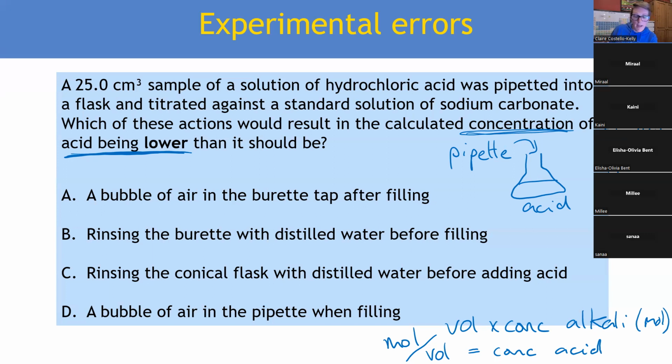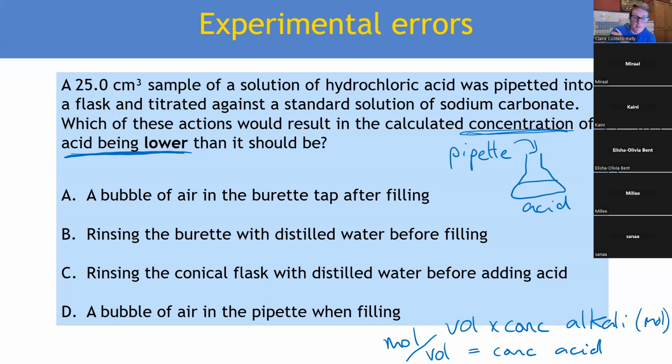Okay, so a bubble in air. This is a common question about air in the old burette tap at the bottom. You know, it's really hard to get out sometimes. If the bubble is in your tap and it stays in your tap, then it has no effect. It doesn't matter, because if it stays there, then nothing happens. If the bubble is in your tap and then the bubble moves down and gets pushed out, then your liquid is going down in your burette, but the only thing coming out is air.